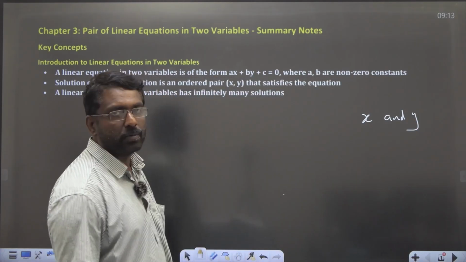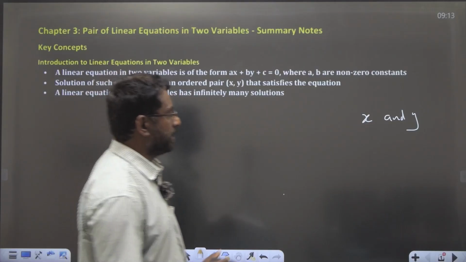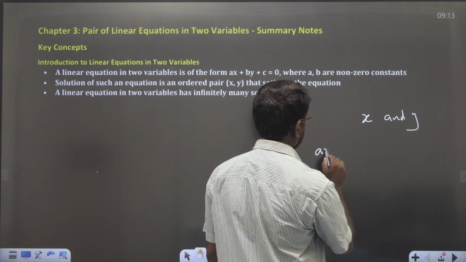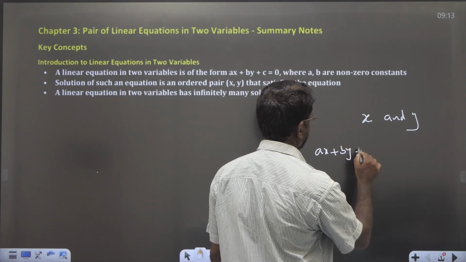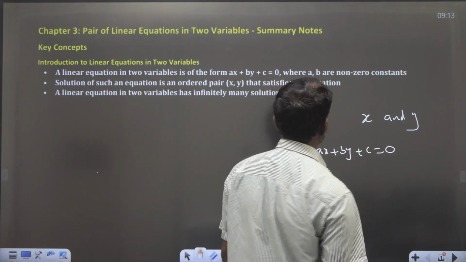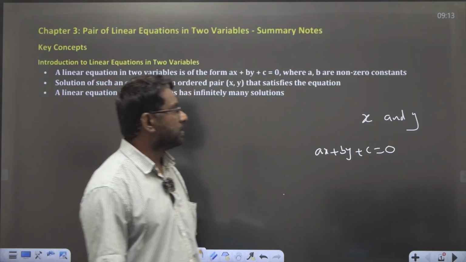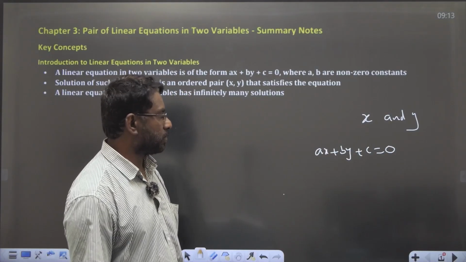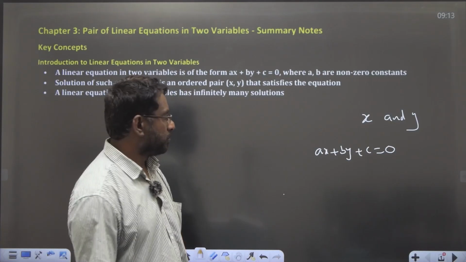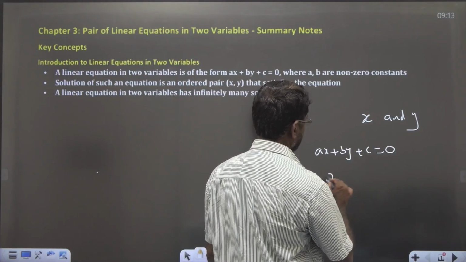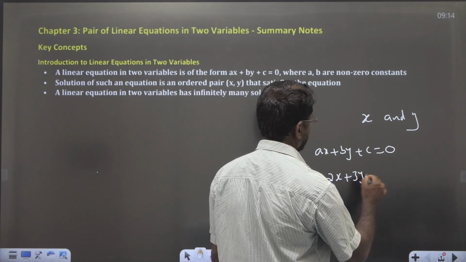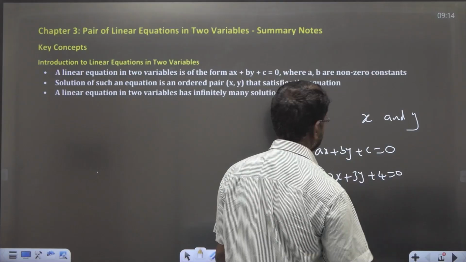The general form of a linear equation in two variables is ax plus by plus c is equal to 0, where a and b are non-zero constants. For another example, 2x plus 3y plus 4 equal to 0.